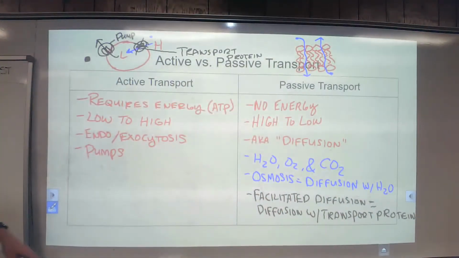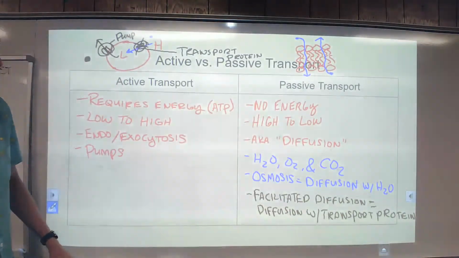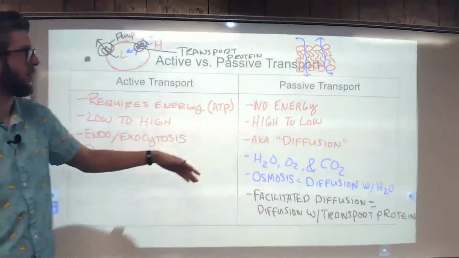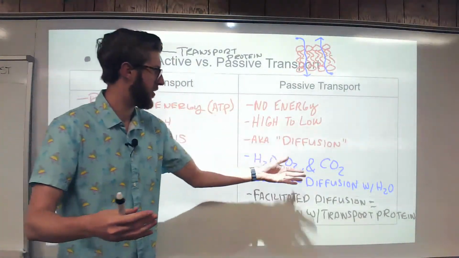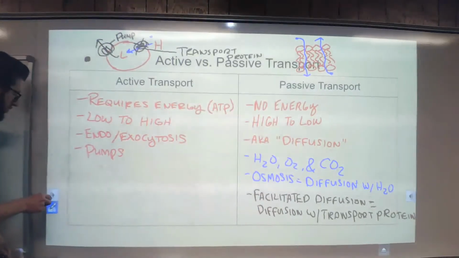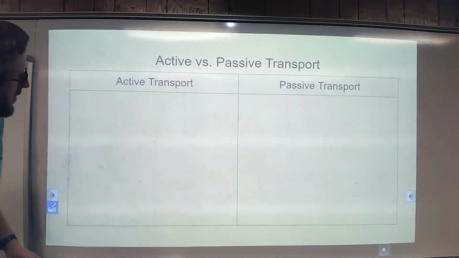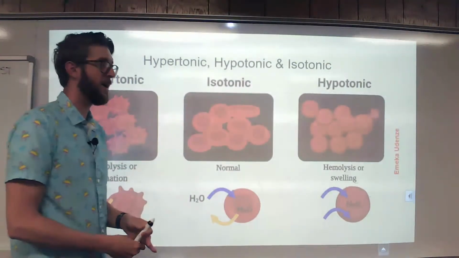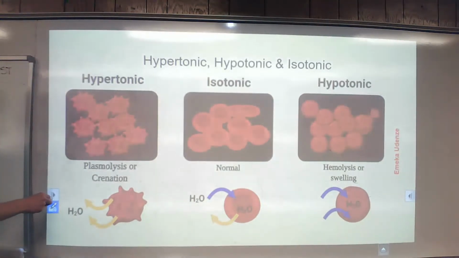All right, so we talked about osmosis a second ago, about how that's just diffusion with water. So water is one of the things that just goes in and out of the cell all the time as it pleases. And so now I'm going to go to this next one, which is talking specifically about water going into and out of cells, specifically red blood cells.